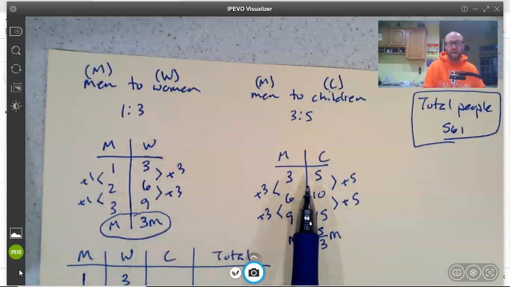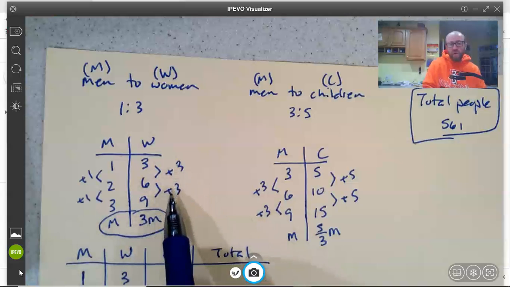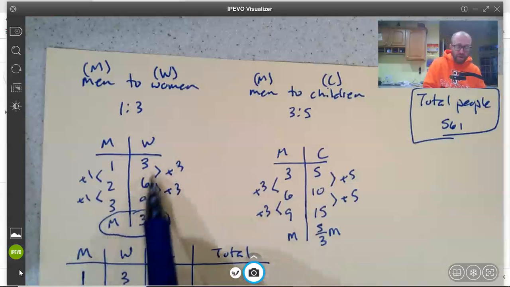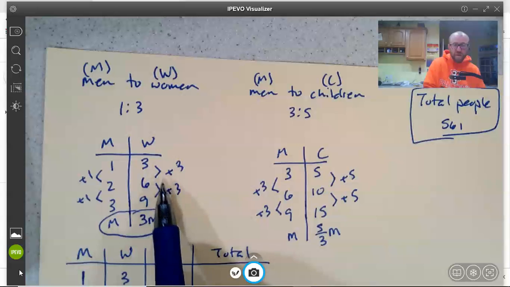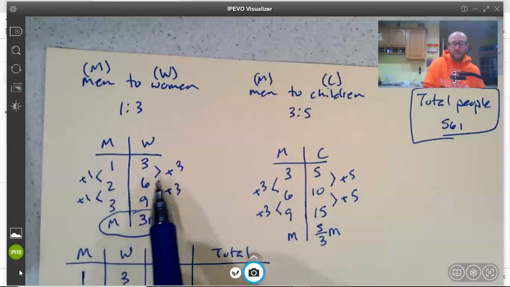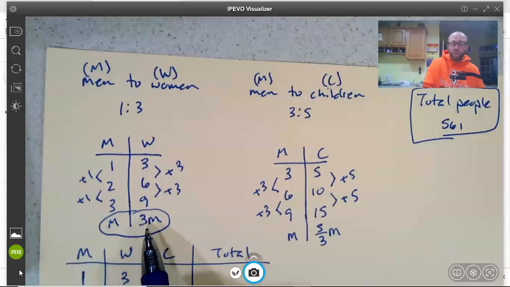So we had to write an equation here. And remember, we looked at what is our rate of change of the number of women with respect to the number of men. So we look at what we are increasing by for every increase over here, right? And so 3 to 1, 3 to 1. So that's going to be some variation on the rule 3m.